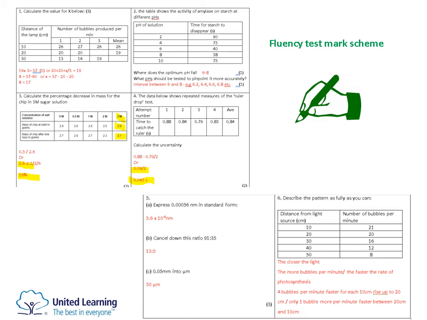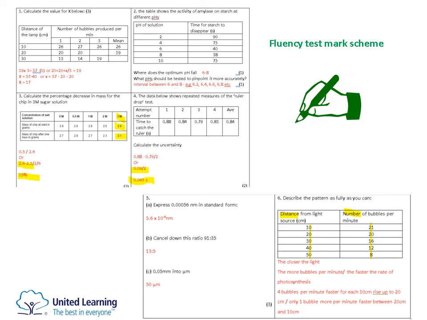The only other one I'm going to focus on is describing the pattern. All you need to do is relate the distance to the number of bubbles. As the distance increases, the number of bubbles decreases. You're only describing the pattern.